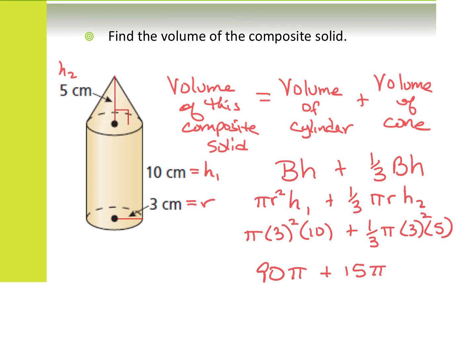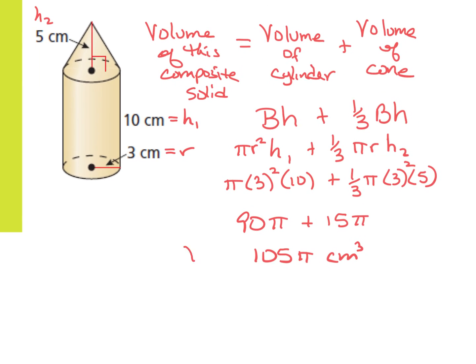And then add them together in terms of pi, 105 pi centimeters cubed. But again, if you are using your calculator and it says to use the pi button, 329.9 centimeters cubed. And that is it for volume and surface area of cones.